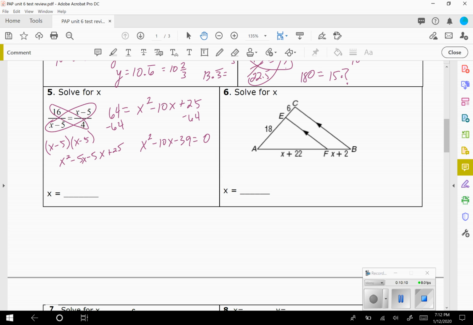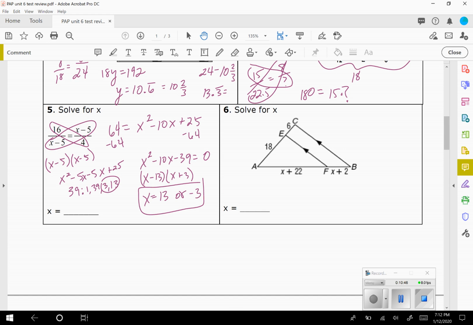Okay, 39, its factors are either 1 and 39 or 3 and 13. Obviously, we have to go with the 3 and the 13. Okay, and so we have to have the negative 13 and a positive 3. Okay, so x minus 13, x plus 3. Because when you do negative 13 times positive 3, you'll get negative 39. But then when you add them, you'll get that negative 10. So x is either 13 or negative 3.